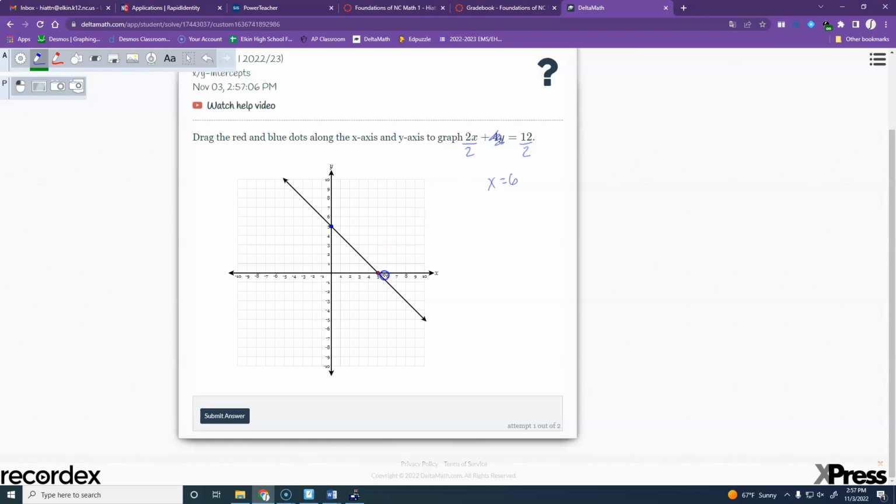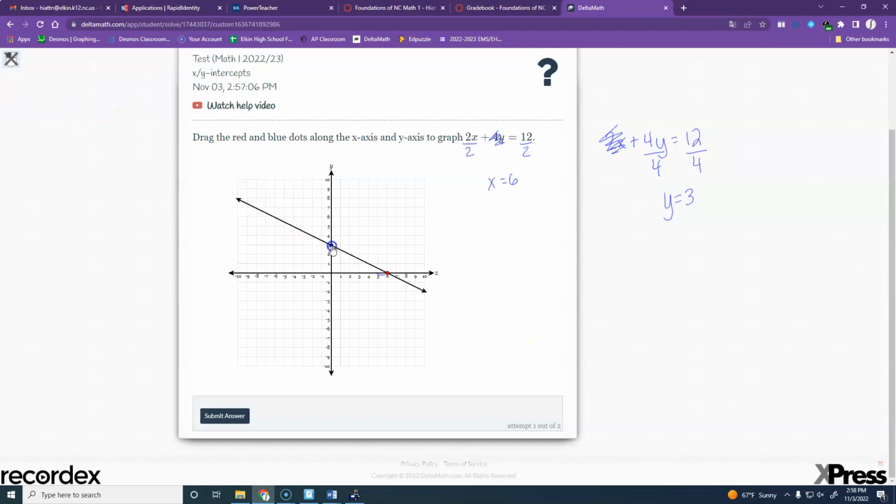So I would drag my x-intercept over here to 6. And then if I'm doing the y-intercept, 2x plus 4y equals 12, I would put a 0 for my x, divide by 4, y equals 3. So I would move my y-intercept to 3 right here. So this is another way you can graph as well, right? And then you would submit your answer.